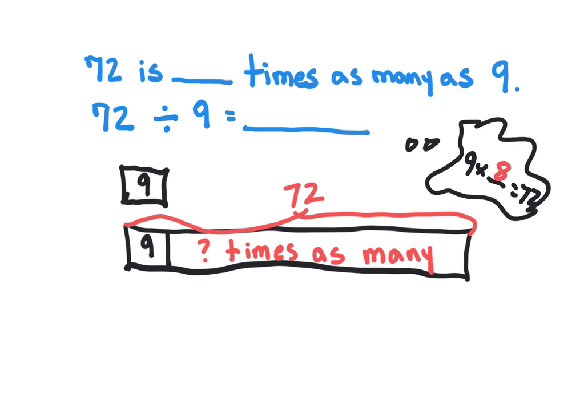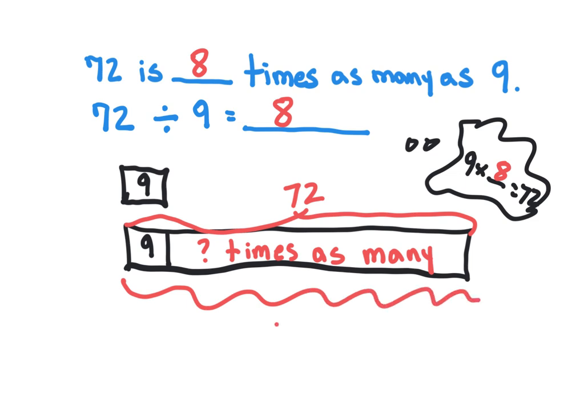So now if we know that, we can plug it in. 72 is 8 times as many as 9. So 72 divided by 9 is equal to 8. So we would cut this tape diagram up into 8 pieces to show 8 times as many as 9.